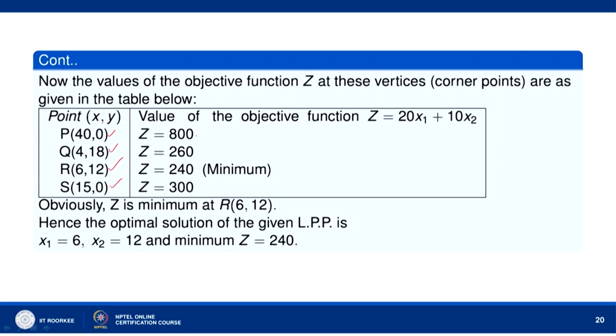The value of Z, Z equal to 20 x1 plus 10 x2, comes out to be 800 for P, 260 for Q, 240 for R, and 300 for 15, 0.